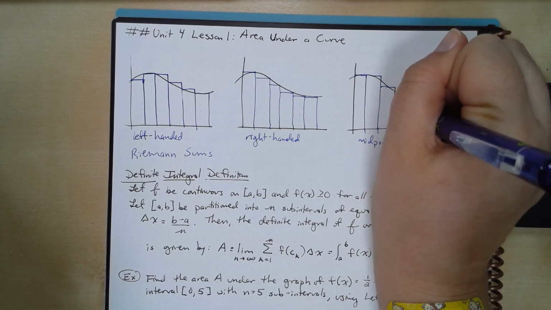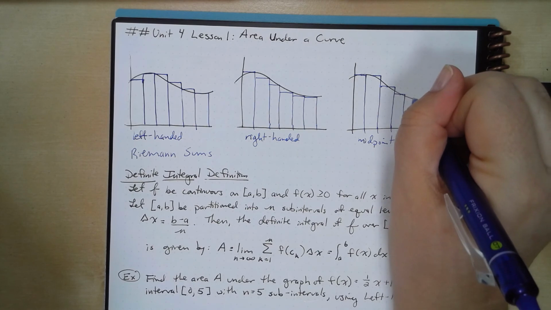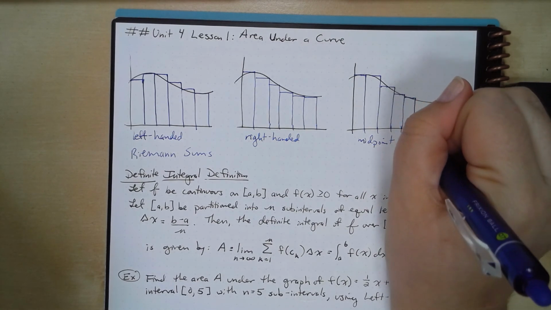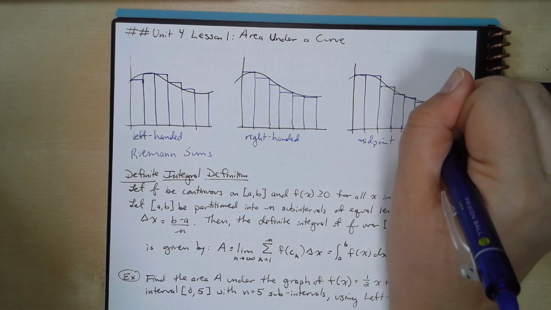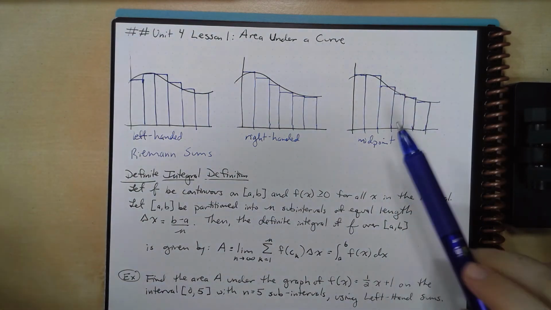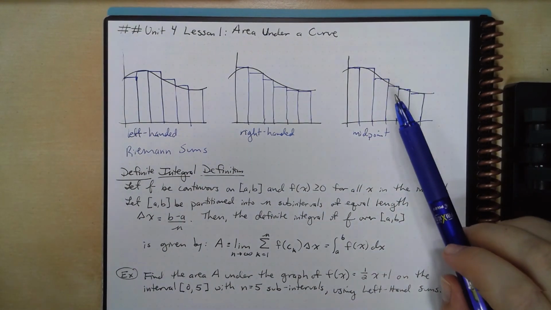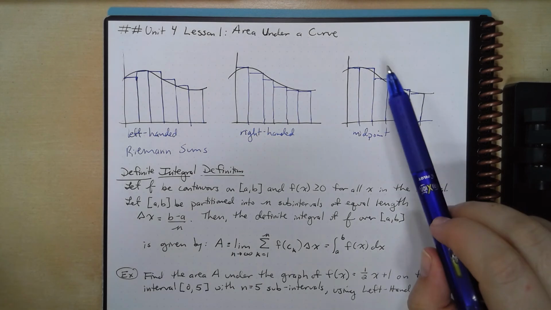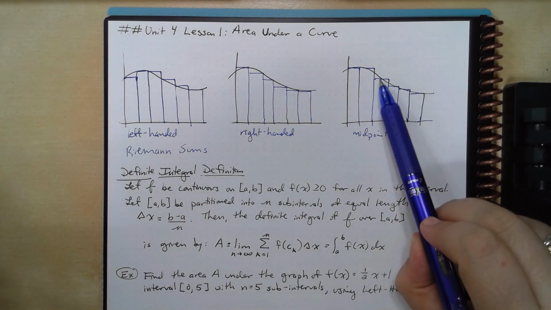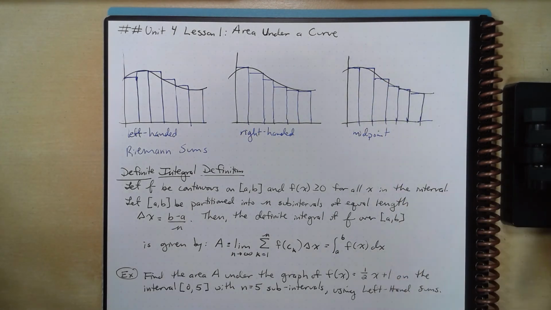They're kind of tedious to draw, but hopefully you can get the idea. I don't even know if I did that last one correctly, but this one is probably the most accurate of the 3 examples, but it still looks like we might have a little bit of an underestimate there. Maybe an overestimate, I'm not sure.